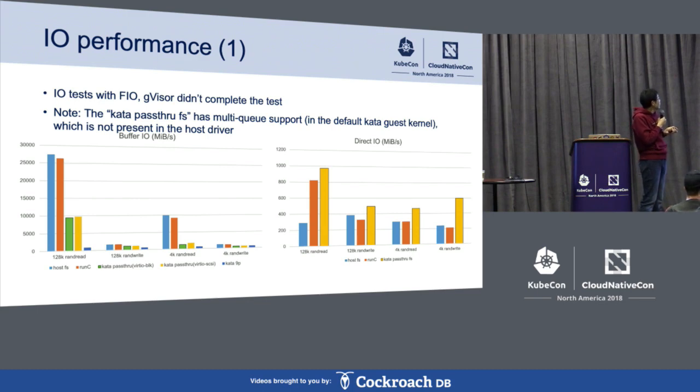And if we pass a device directly into the Kata container, because the Kata kernel enables multi-queue by default, but that doesn't apply to the host, that's an OS-level difference. So we have better performance than the host OS, just because we pass the device through and use the driver with multi-queue support.